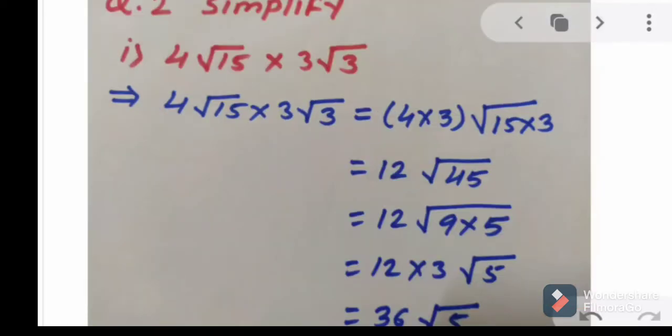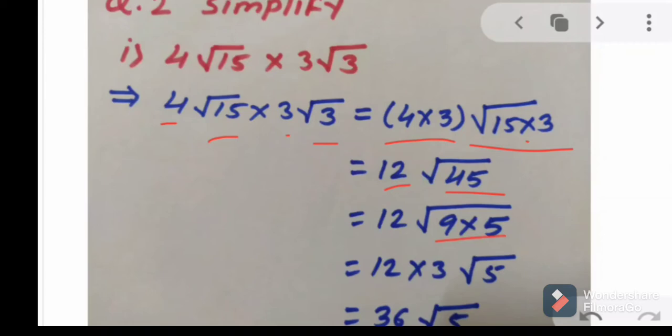So actually we solve this. 6 under root 12 divided by the denominator, that is 3 root 6. 6 upon 3, and under the radicand sign 12 upon 6. 6 upon 3 is 2, and 12 upon 6 is 2. 2 under root 2, this is our answer. Hence the option A is our correct answer.